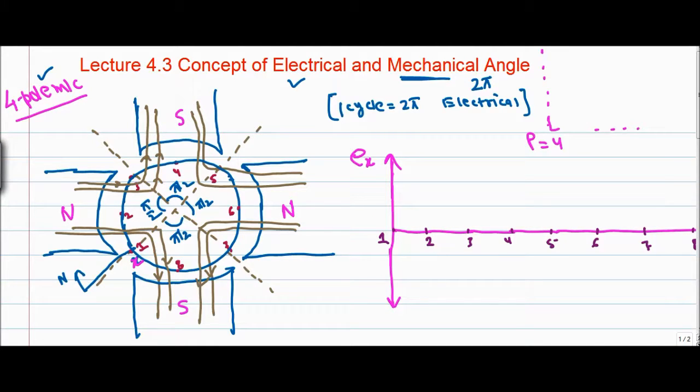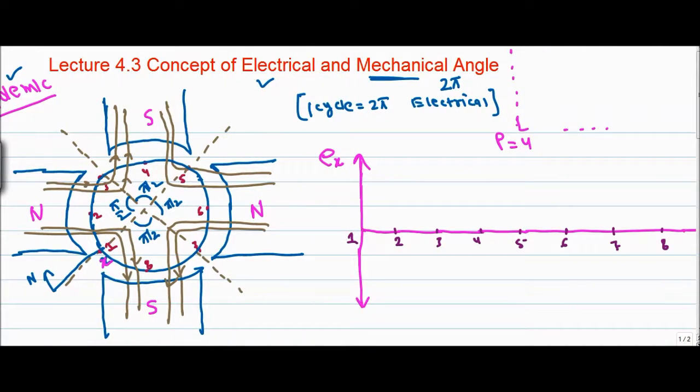What will be the basic concept? At point 1, this location has zero induced EMF. When X is at point 2, it has a maximum induced EMF. When X is at point 3, it has zero induced EMF.